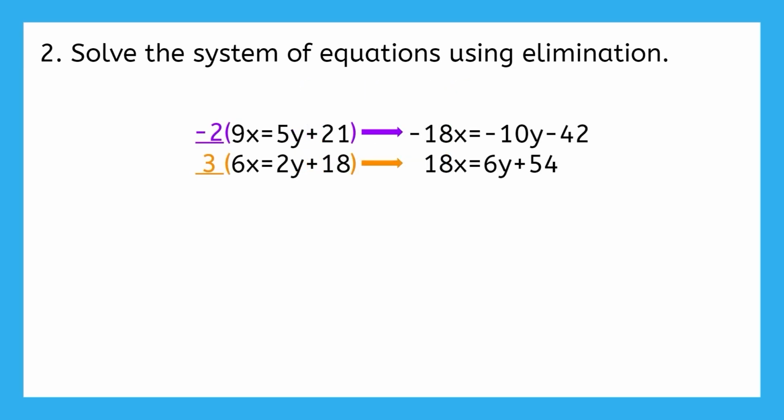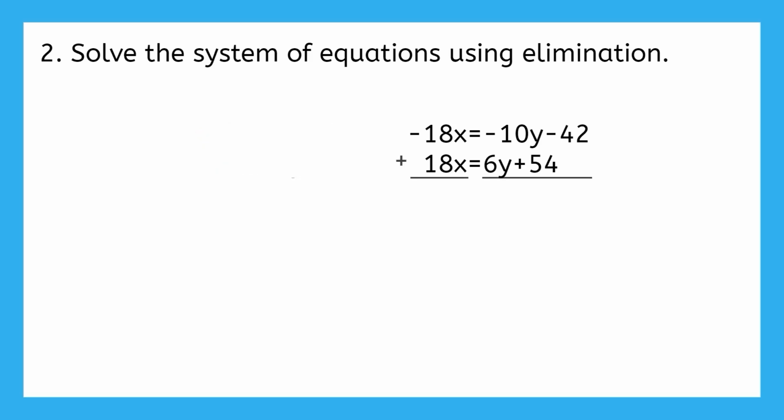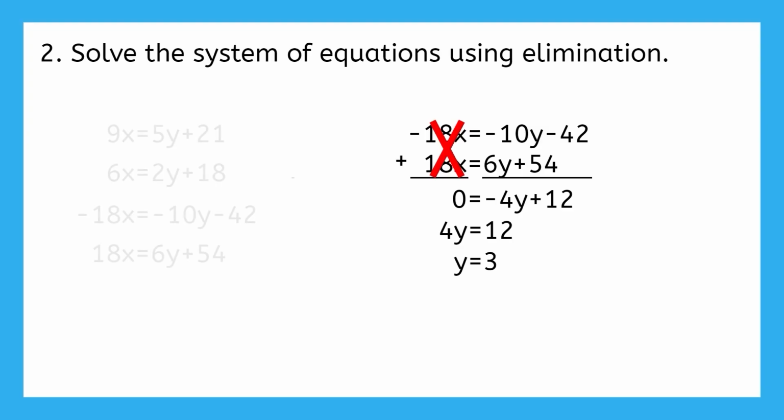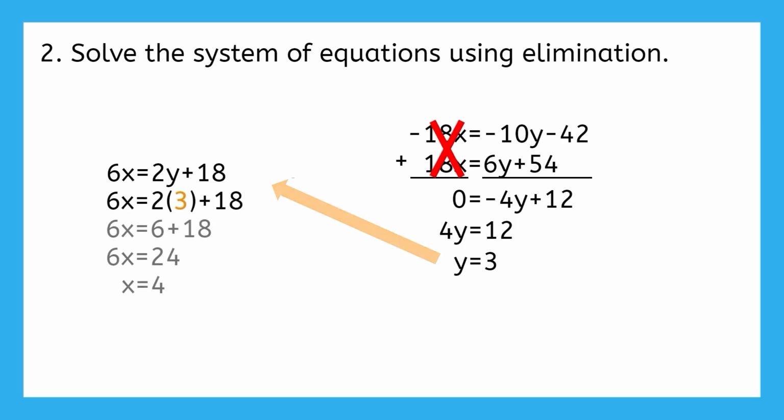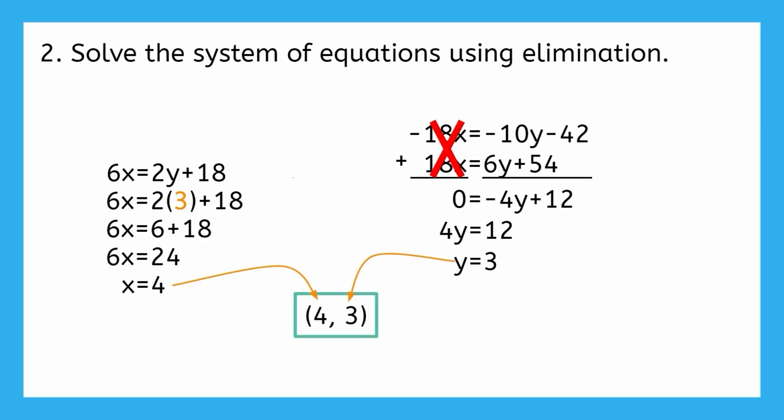Now I can add my equations to eliminate x, solve to get that y is 3, and again substitute into any of the original equations or the ones that we created to solve and get that x is 4. This gives us a final answer of 4, 3, which is exactly what we knew we should get.